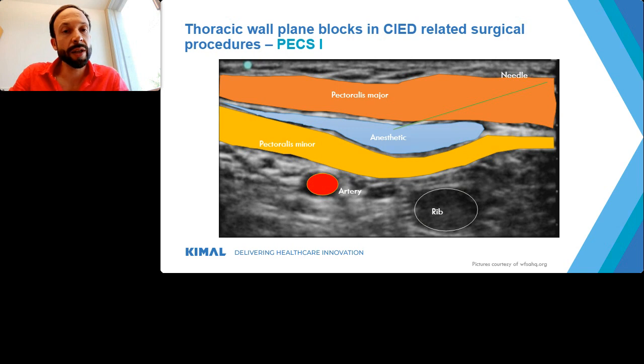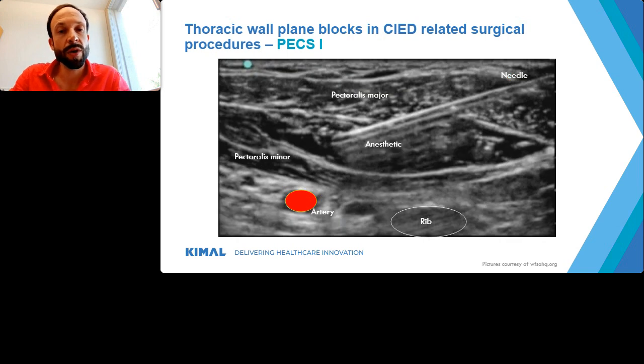Now you can see it's the same picture with a little more local anesthetic infiltrated between the two structures. Again, here is the needle highlighted. It's a little thin. I don't know if you can all see it, coming from the right upper corner into the structure. The next is the pectoralis major.